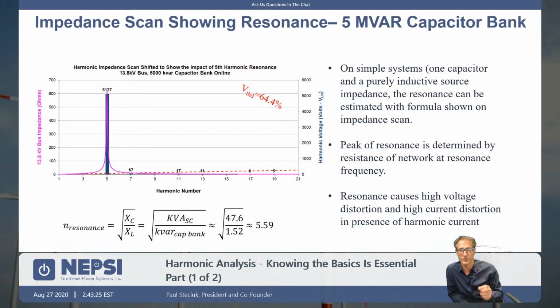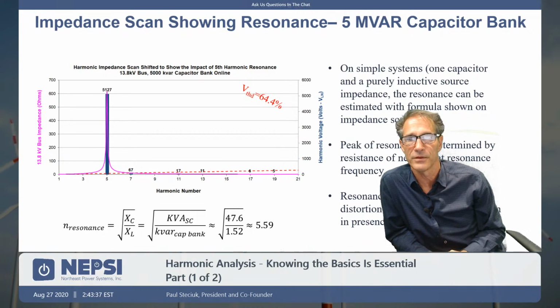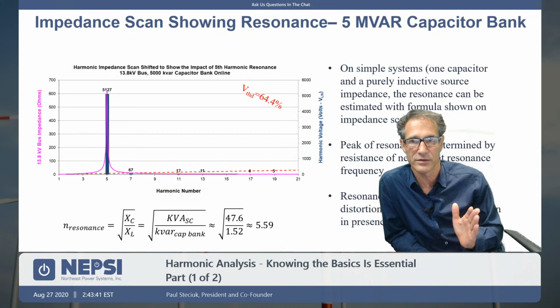So we're in, not current injection, 8.3 amps of fifth harmonic current injection. Now we're seeing near 600 ohms of impedance, and it creates this huge voltage distortion. And that's the problem with resonance, is when resonance corresponds to a harmonic, you got an issue.